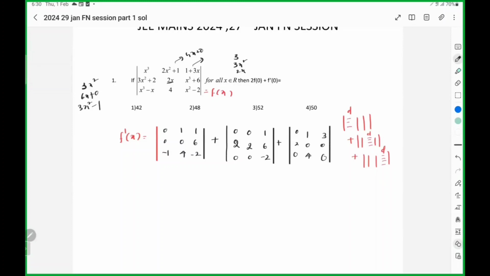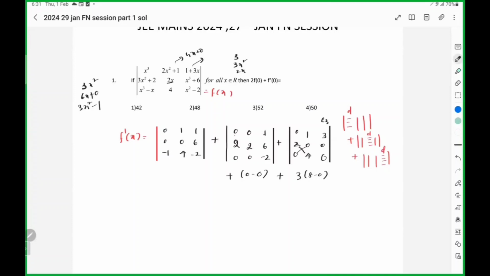Right. Now evaluating the determinant with respect to the third column: 3 into 8 minus 0. Here 1 into, here you get 0 minus 0.